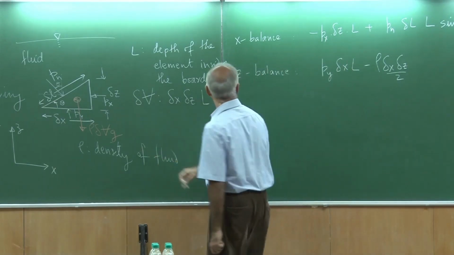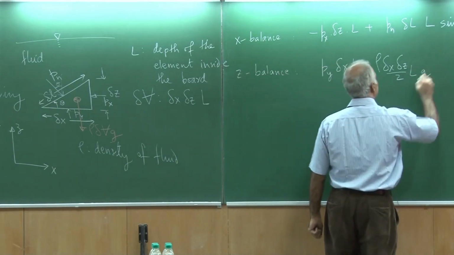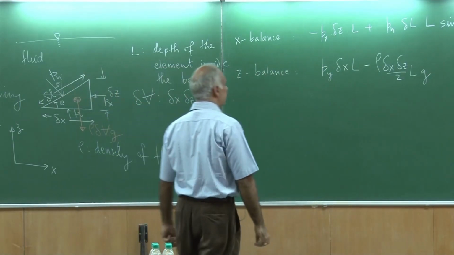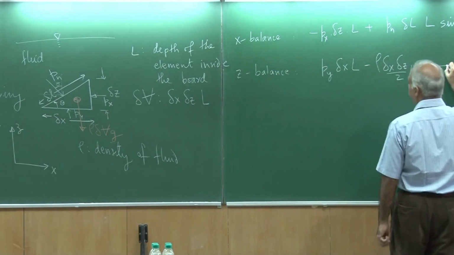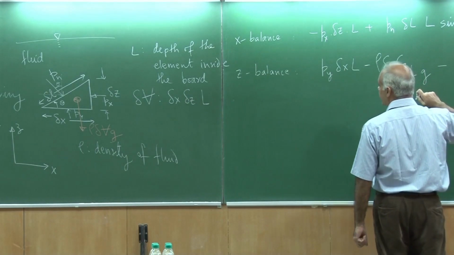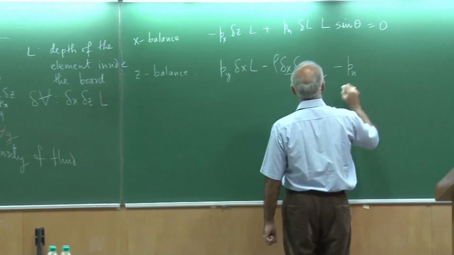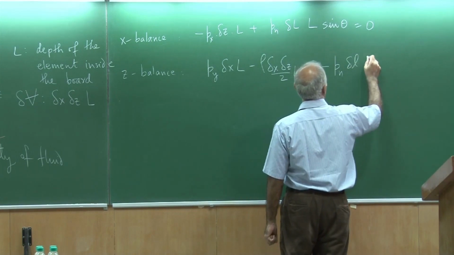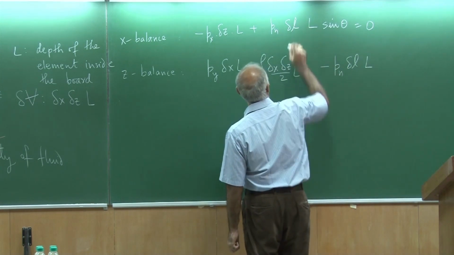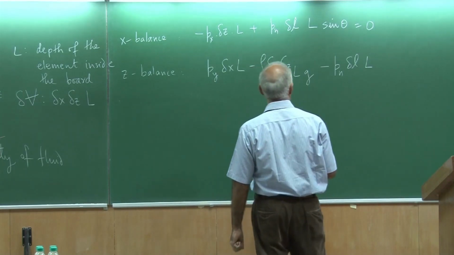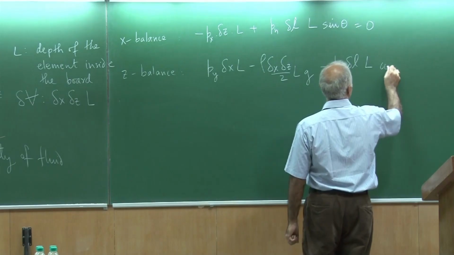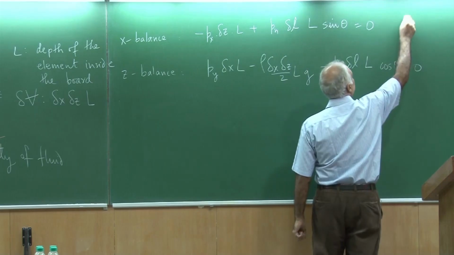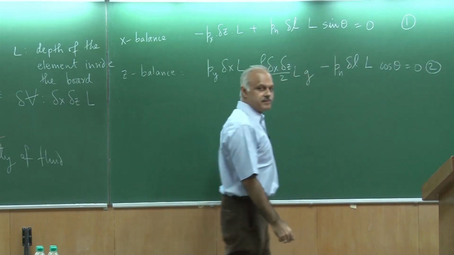So that's actually the volume times L and g in this. And then I would have to take the vertical component of this, which is again in the negative direction. So that would be minus Pn times delta l times L. So I am sorry, this should be a lowercase l, and of course a cosine theta. So this should be 0. So let me call this equation 1 and this equation 2. Okay.